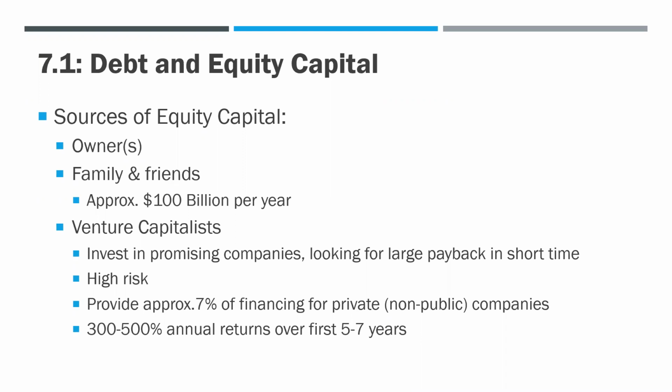When an actual distribution has been made, then especially if the owner is under 59 and a half years of age, not only is that amount subject to income tax, it's also subject to a 10% early withdrawal penalty. So that amount can add up real fast, especially if you're talking about large amounts of money.